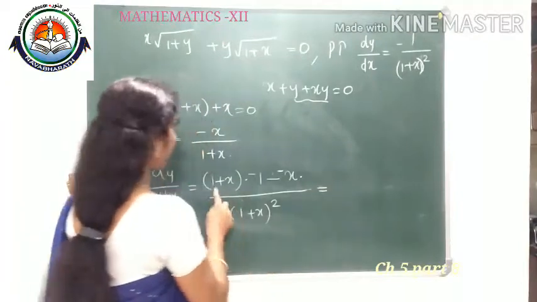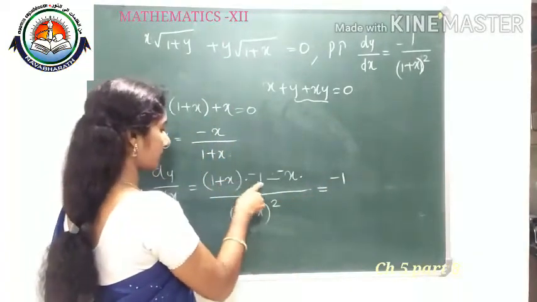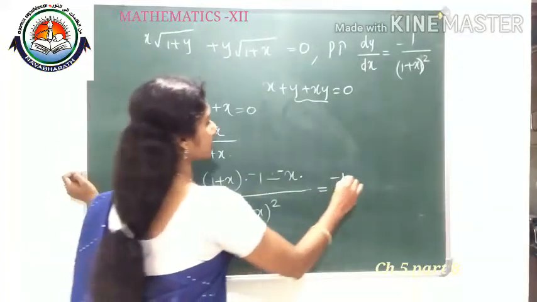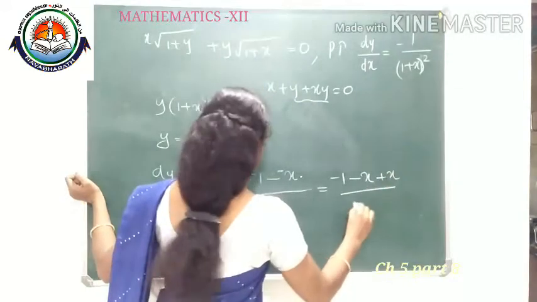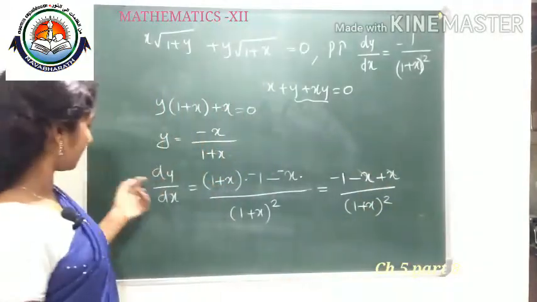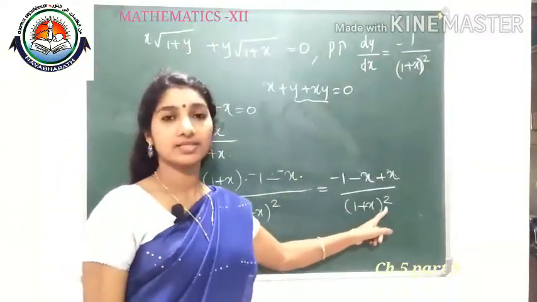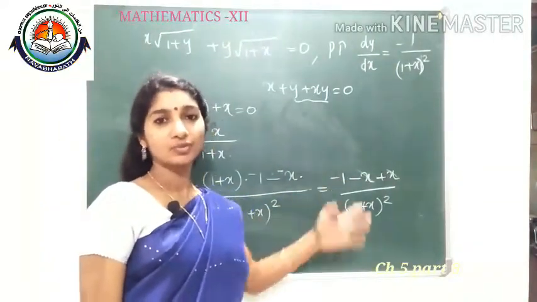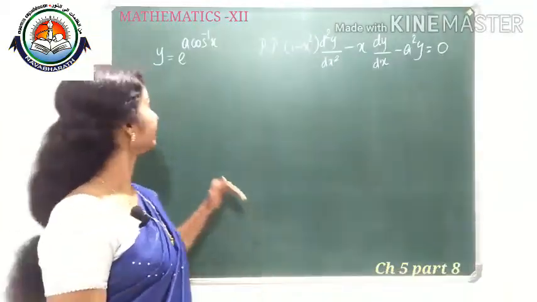So removing the bracket, we are getting minus 1 minus x plus x divided by (1 plus x) whole square. Minus x and plus x cancelled. So we got dy by dx is equal to minus 1 by (1 plus x) whole square. Hence the proof. Okay.